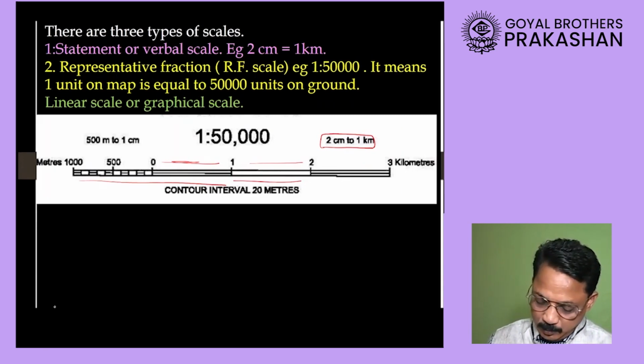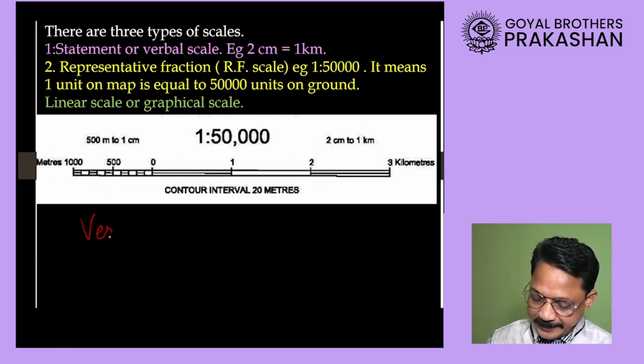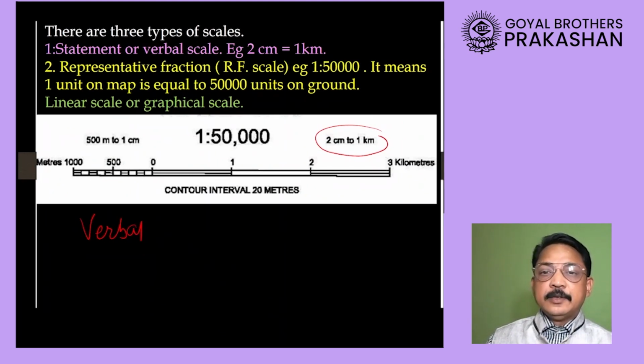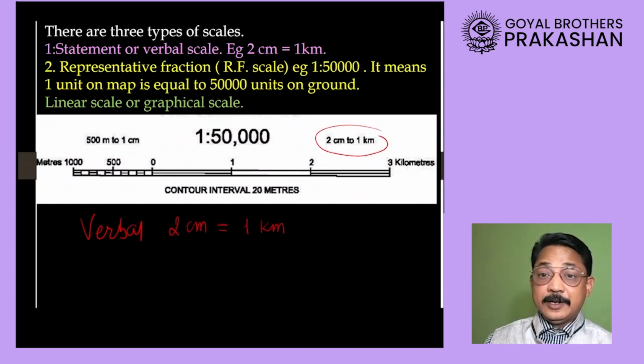Now what are these three types of scales, dear students? Please pay attention carefully. The first scale is called the verbal scale. Now please see here, 2 centimeter to 1 kilometer, which means they are saying that 2 centimeter on map is equal to 1 kilometer on ground.